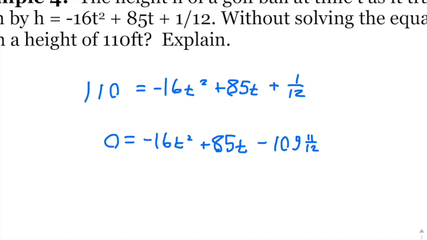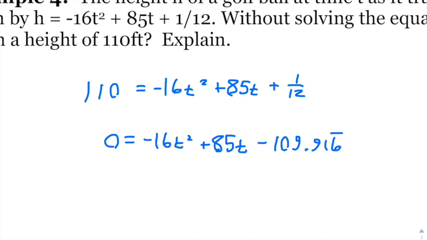You could use your calculator to get the decimal for that, which is probably the best. 11 over 12 is 0.916 repeating. Obviously not a pretty decimal, but that's that.